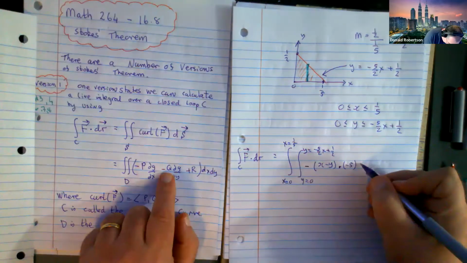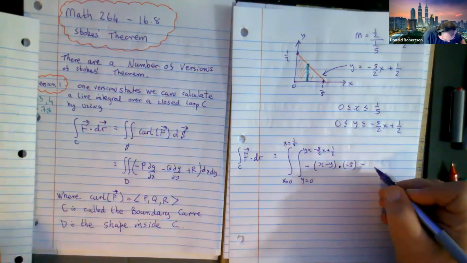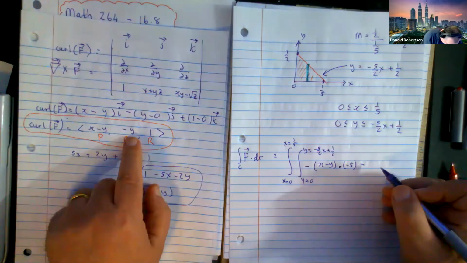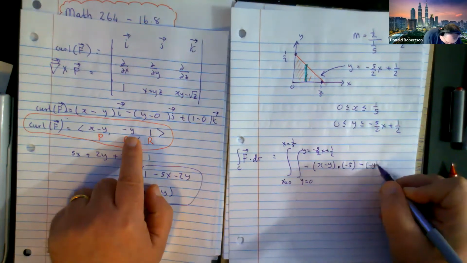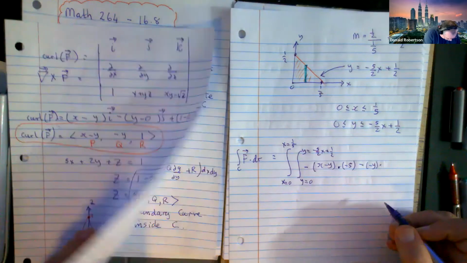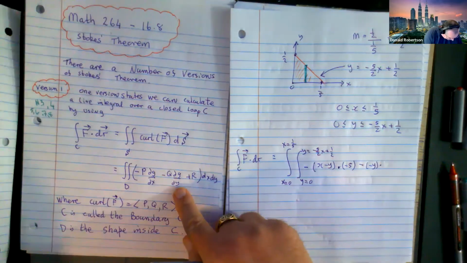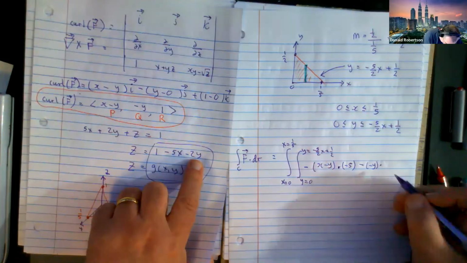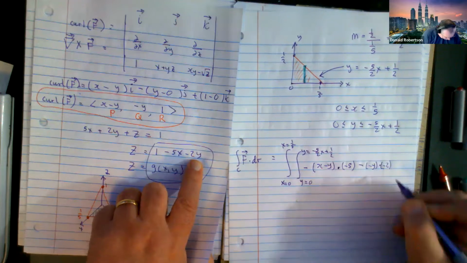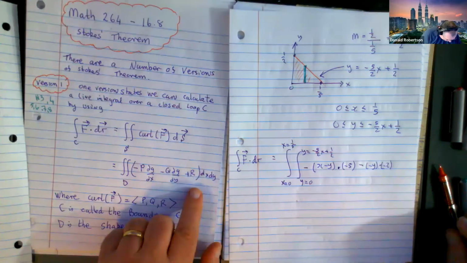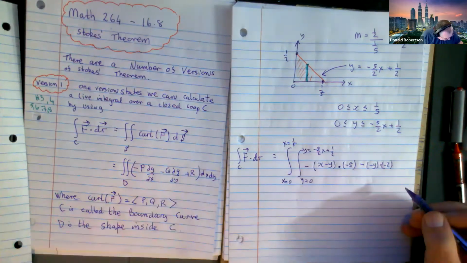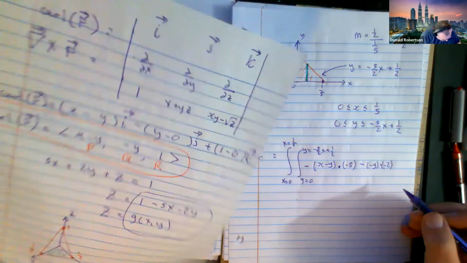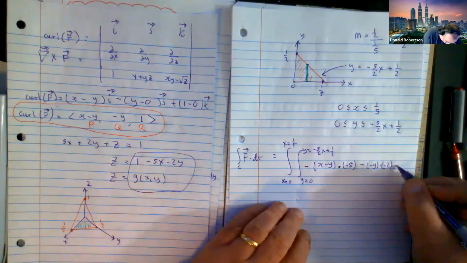Then it's going to be negative q, which is this guy, times the derivative of g with respect to y, and that gets you a -2. And last but not least, you get plus an r, and the r happens to be 1, so you get +1.